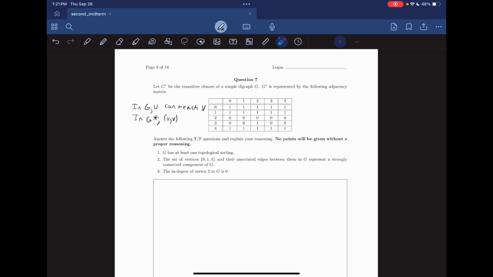This is probably not a super instinctive question for a lot of people, in that it's not necessarily obvious how you would use the transitive closure adjacency matrix to prove that.